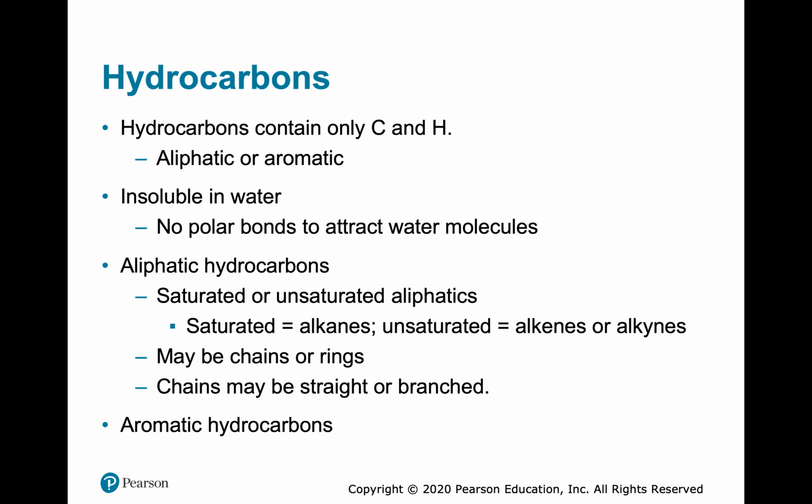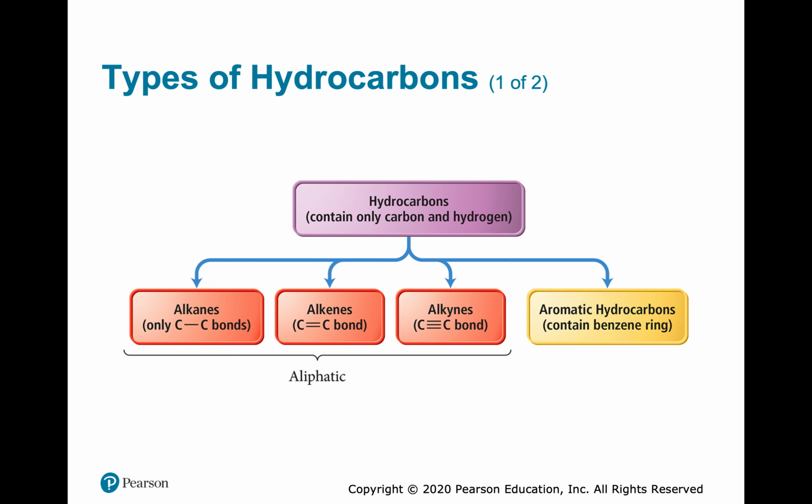You can have chains or rings with these. It doesn't necessarily have to be aromatic to have a ring. And they can be straight or branched, and we'll show some pictures soon of branched hydrocarbons. Aromatic ones I really briefly mentioned already. So types of hydrocarbons: you have alkanes, which are saturated, and the unsaturated alkenes with one or more double bonds, and alkynes with one or more triple bonds.